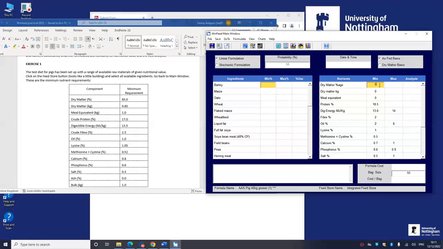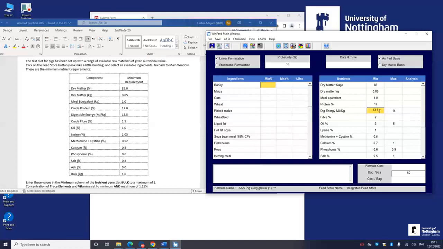So for example, I can set my dry matter 85% minimum, dry matter per kg 0.85, meal equivalent 1.0, crude protein 17. So meaning I want to formulate a diet that has minimum 17% crude protein. Digestible energy 13.5. For this I will delete this 14 first.